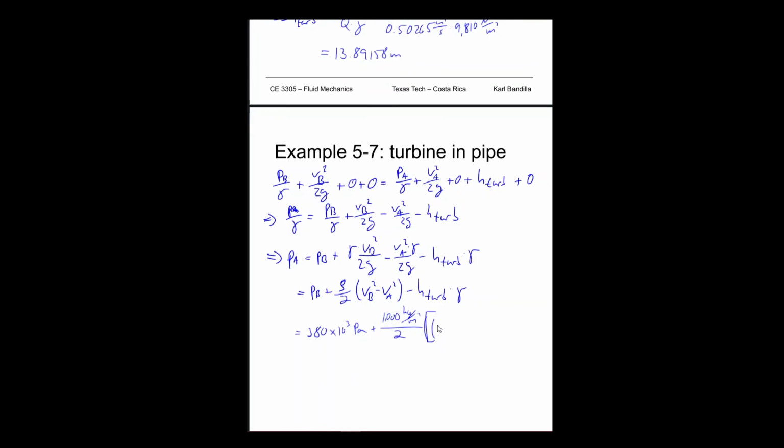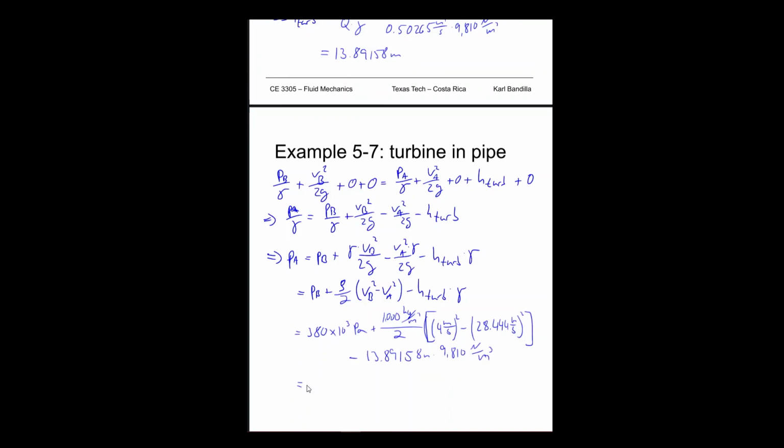So we'd have 4 meters per second squared minus the one that we calculated, 28.444 meters per second squared, all of that minus H turb, which was 13.89158 meters, and let's not forget gamma, 9,810 Newton per cubic meter.